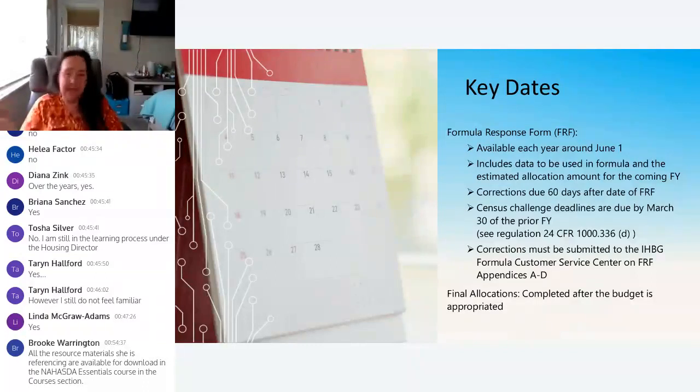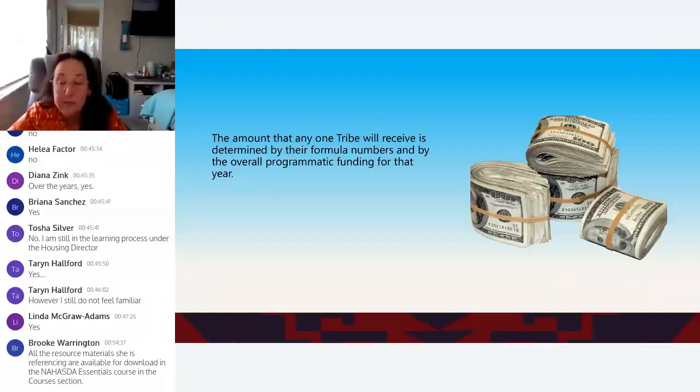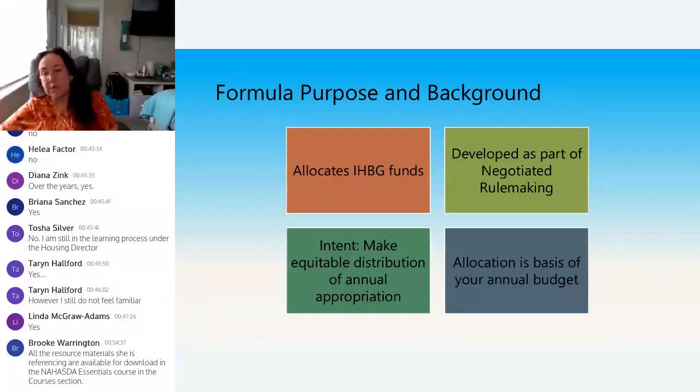Final allocations are completed after the budget is appropriated. So the amount that any one tribe is going to receive is determined by your formula numbers and by that overall programmatic funding for that particular year. The purpose is to allocate the block grant funds. It's developed, as I said, as part of negotiated rulemaking.